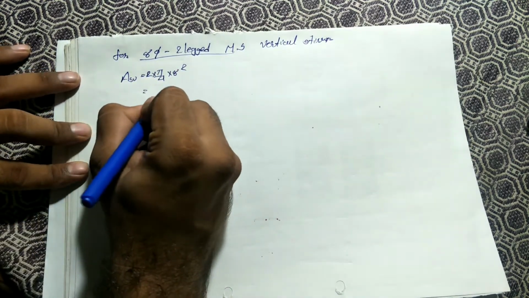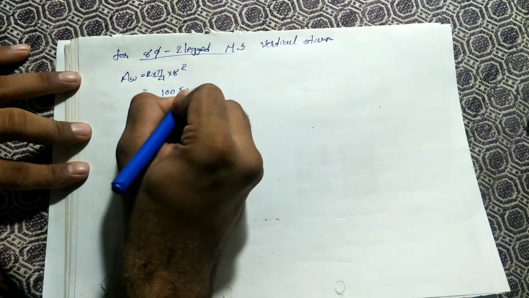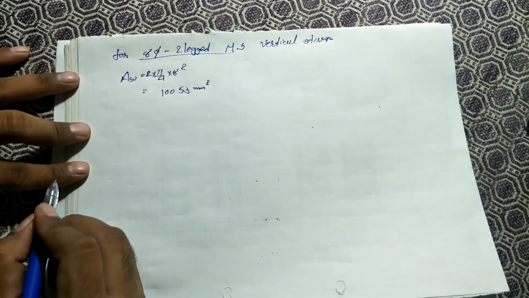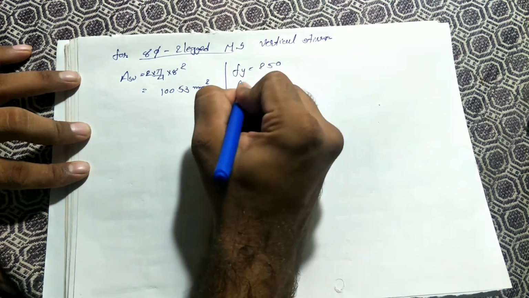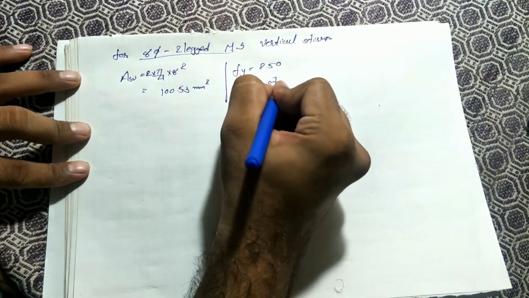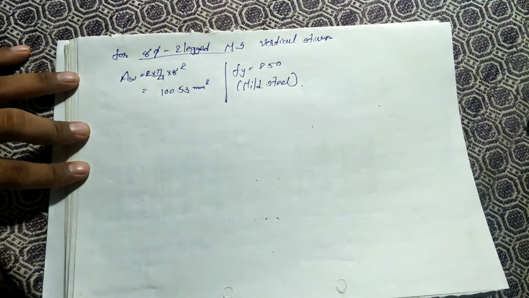So that is 100.53 mm square. And that fy is 250 because it's mild steel. Generally for stirrups we take mild steel only.